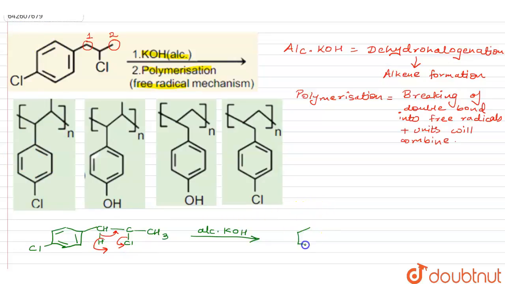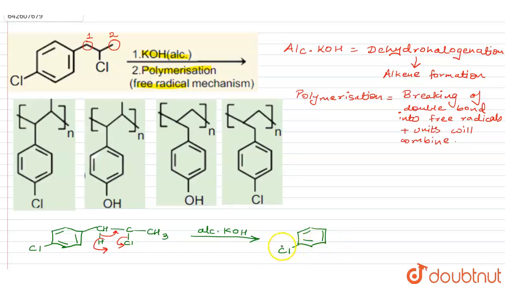Now in this case, if there's a question in your mind that why didn't the chloro group on the benzene ring get substituted by the OH? The reaction which you are talking about would be an SN2 type, and that is not possible with an aromatic ring. It's quite difficult.